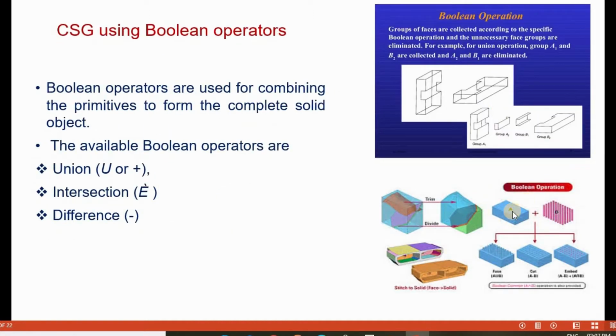Similarly, for Boolean operations on objects A and B, if we add objects A and B we get an object like this. If we delete, we get an object like this, and if we take the difference, we get an object like this.